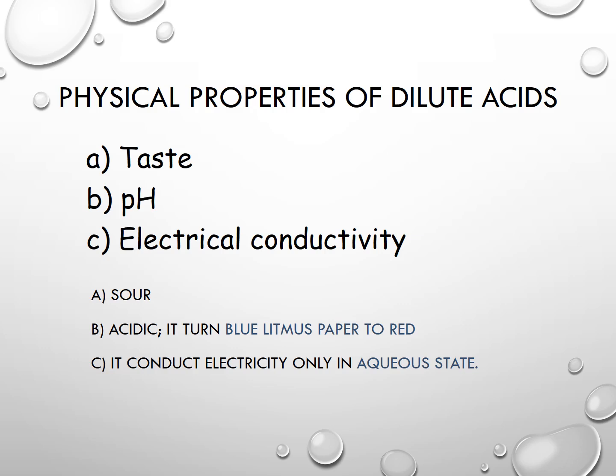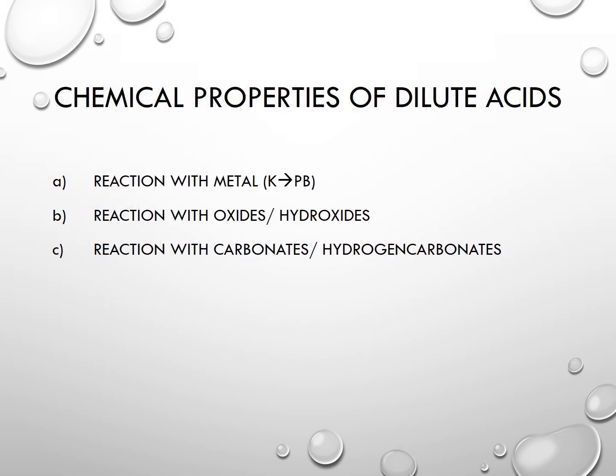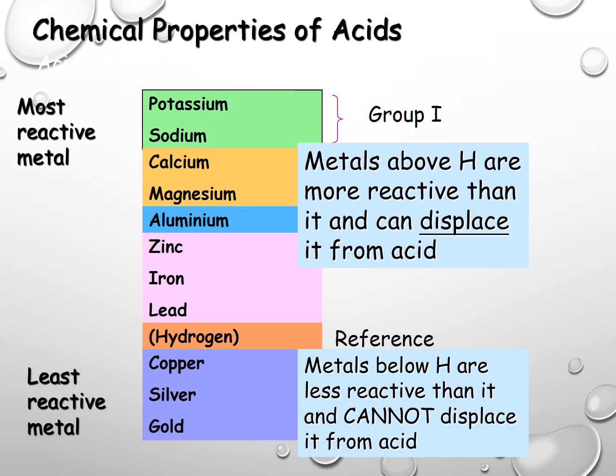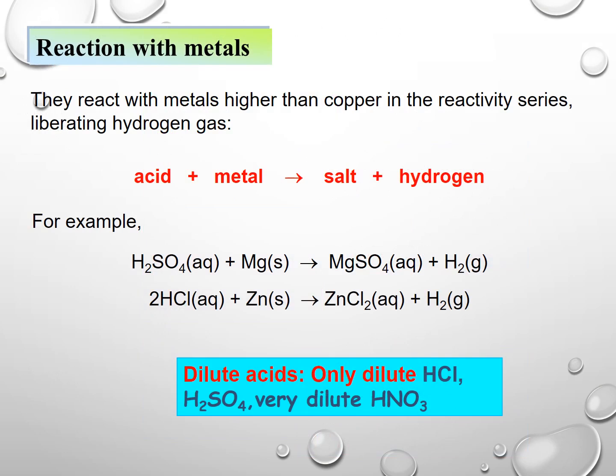Dilute acids generally have a sour taste. Although tasting chemicals in the laboratory is never allowed, they turn blue litmus paper red and conduct electricity when dissolved in water because they contain mobile ions. Acids react with metals that are above hydrogen in the reactivity series.